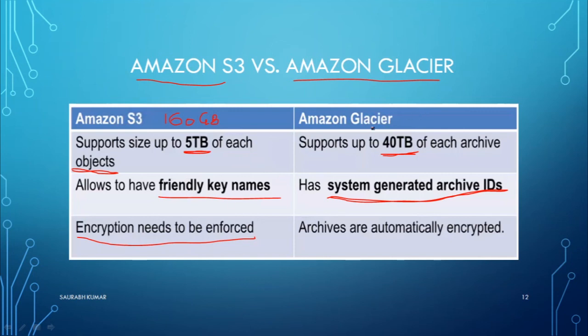But in Glacier, archives are automatically encrypted. All archives which you keep there are going to be automatically encrypted. There is no option asking whether you want to encrypt or not. All archive files on Glacier are already encrypted.